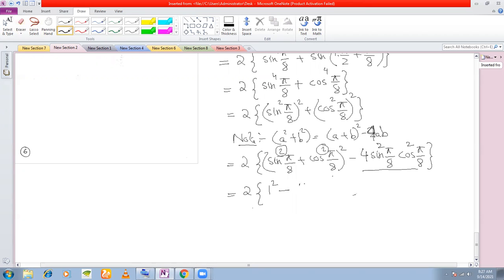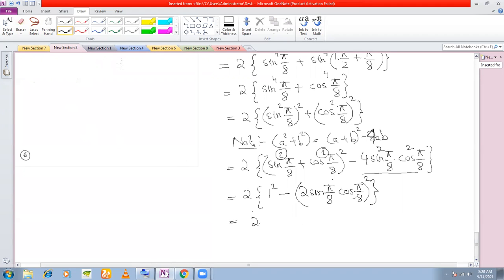Now it's okay. So now you can write this as 2 sine pi by 8 cos pi by 8 whole square. Okay, so now this can be written as 1 minus 2 sine pi by 8 cos pi by 8 by multiple angle formula. You can write as twice pi by 8 and with a square obviously.